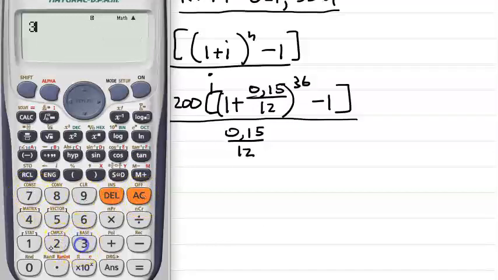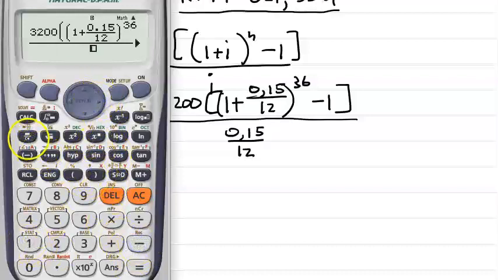So we got 3,200 rands into 1 plus 0.15 over 12, to the power of the number of completed payments, minus 1 there.